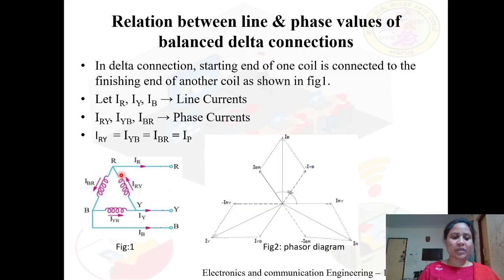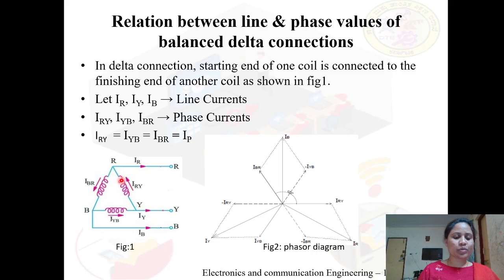I repeat, each line current is equal to the vector difference between the corresponding phase currents. That is, here you can see at point R, IR is equal to IRY minus IBR.